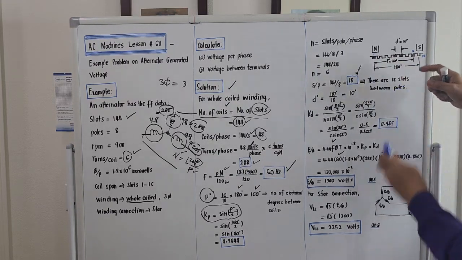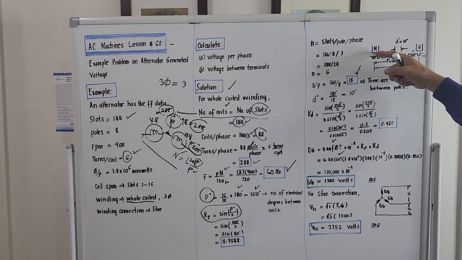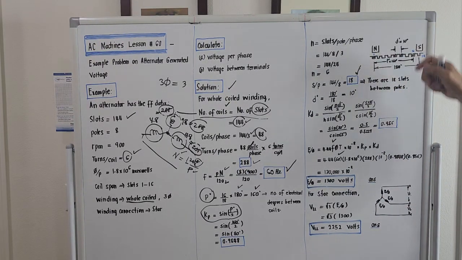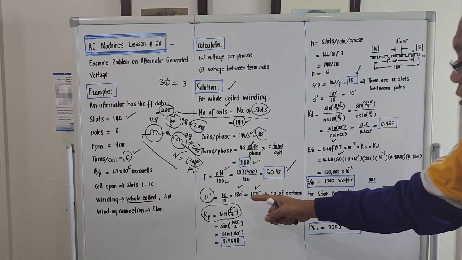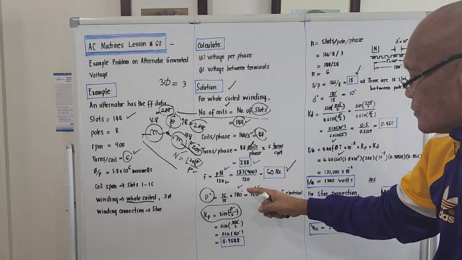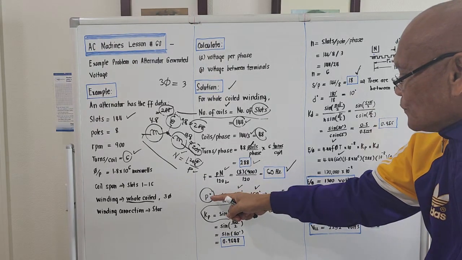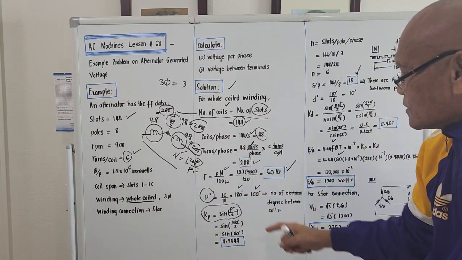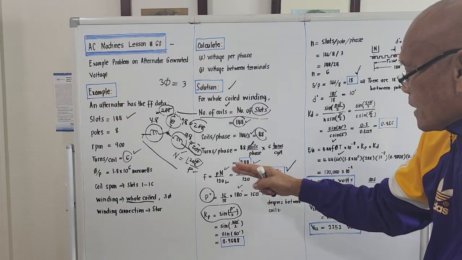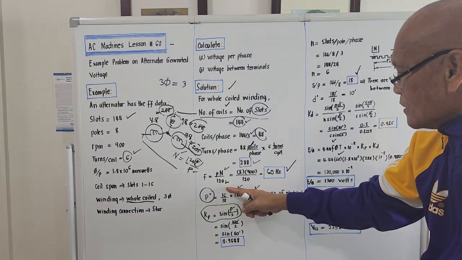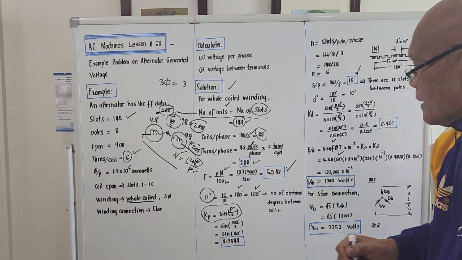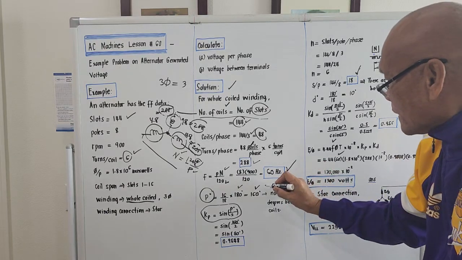So if we try to compute the electrical degrees between 1 and 16, it should be 16 over 18 times 180. Because if this is 18, P degree will be 180, it's full pitch. But since it's only 1 to 16, this should be 16 over 18 times 180, and P degree is only 160 degrees.